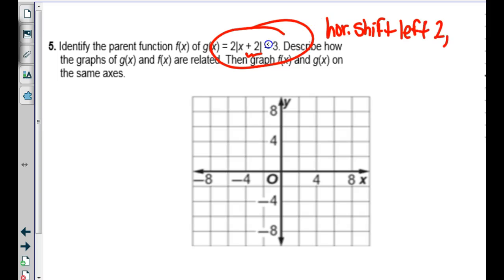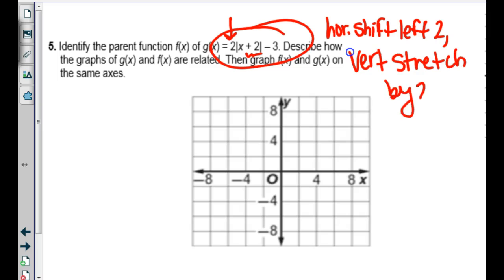Then what? You should tell me this one next because that's the order of operations you would multiply. Say vertical stretch by 2. And then the last thing is vertical shift down 3.